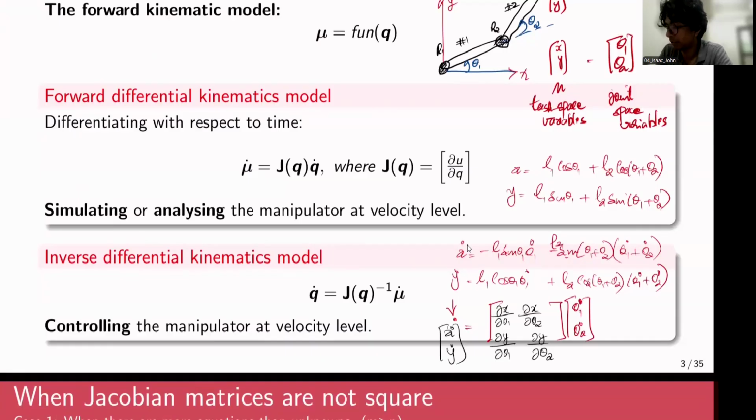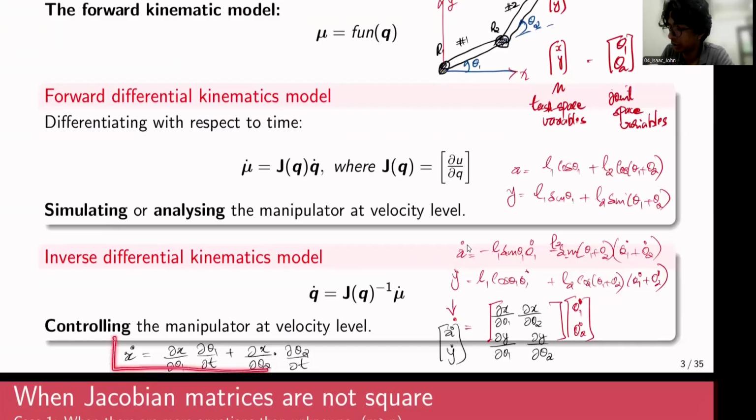For example, if you expand the first row, x dot would be dou x by dou theta1 multiplied by dou theta1 by dou t, plus dou x by dou theta2 multiplied by dou theta2 by dou t.